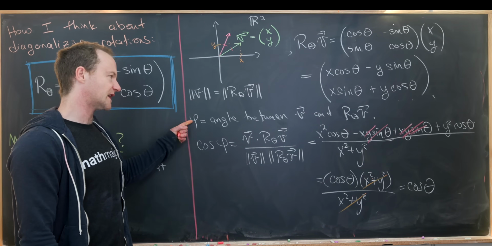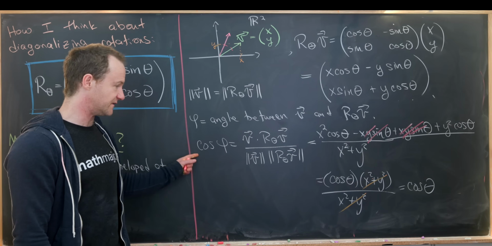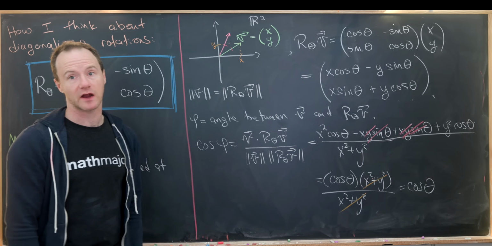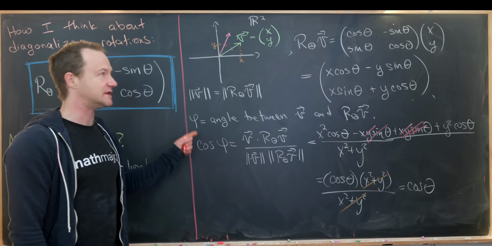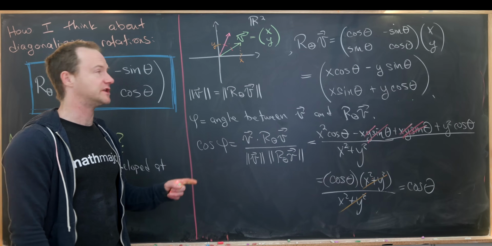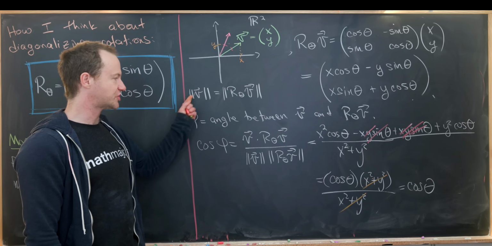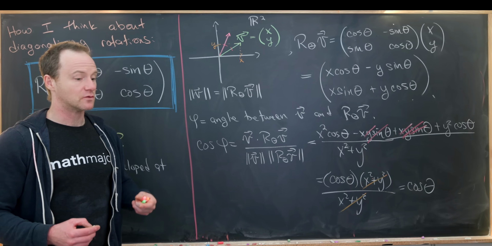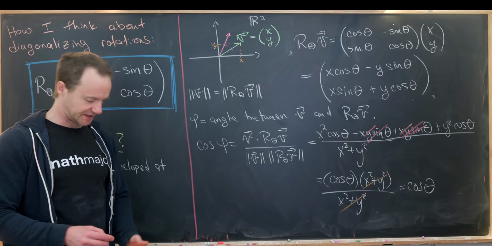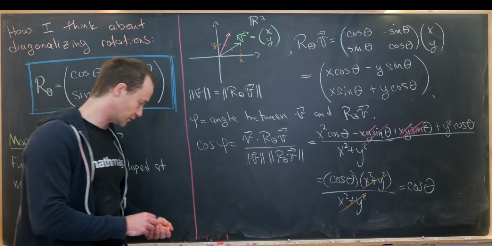In other words, the cosine of the angle between V and r theta V is equal to the cosine of our angle. But that being said, theta here can be taken between 0 and 2 pi, not including 2 pi. And so that means that phi is equal to theta because on that region, the cosine function is injective or 1-to-1.